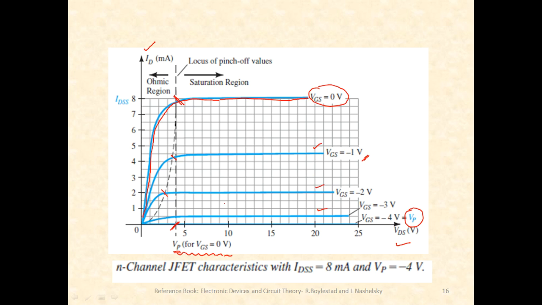So you can cross verify the things here. See, this point is again when VDS is 4 volts and this is equal to pinch off. And this is the stage when VGS is equal to minus 4 volts and this is also equal to pinch off. I'll just draw it here. You should understand the concept.